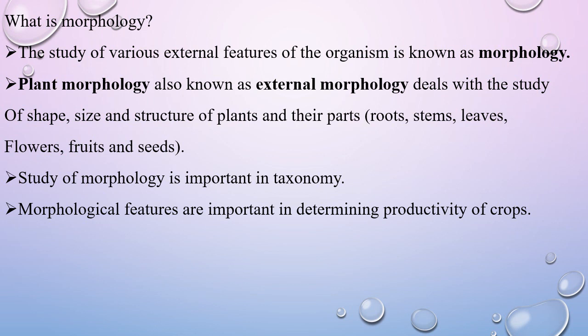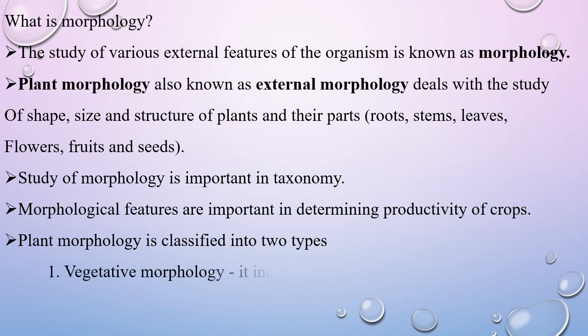When we talk about morphology, the important parts of the plant are roots, stem, leaves, flowers, fruits, and seeds. Plant morphology can be classified into two broad categories.